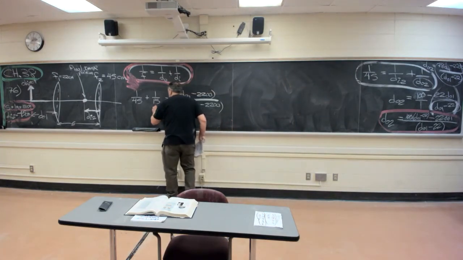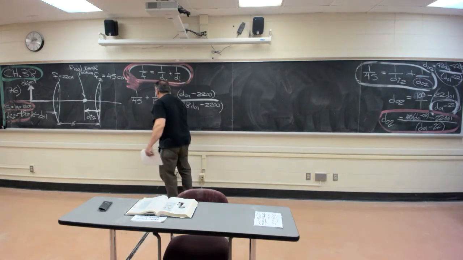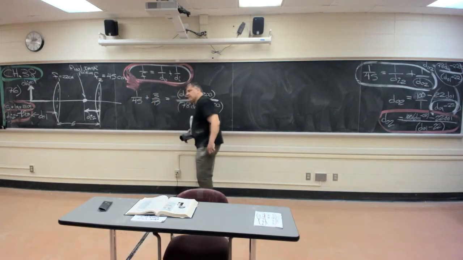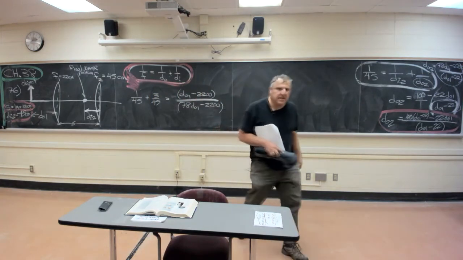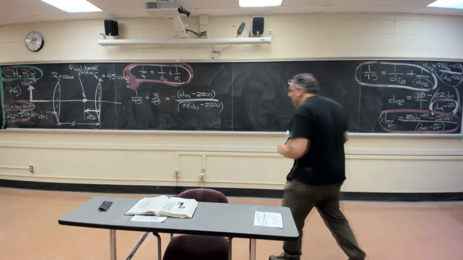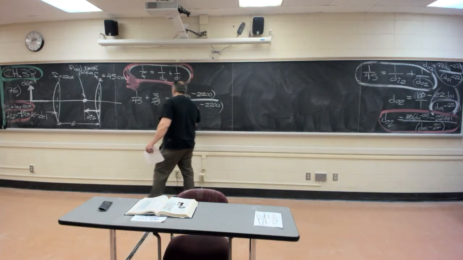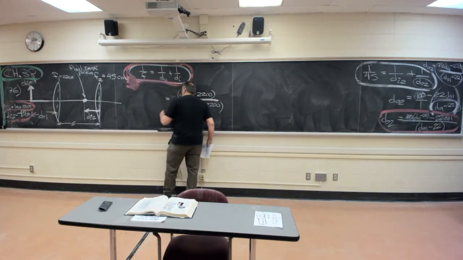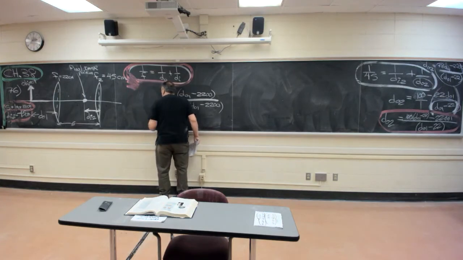This right here, 1 over 15, is the same as 3 over 45. Add those together, you got 4 over 45. At the end of the day, 1 over 45 plus 1 over 15 is 4 over 45.